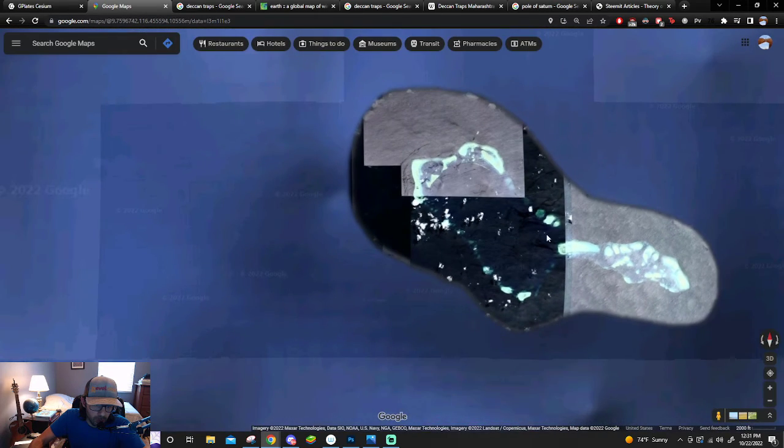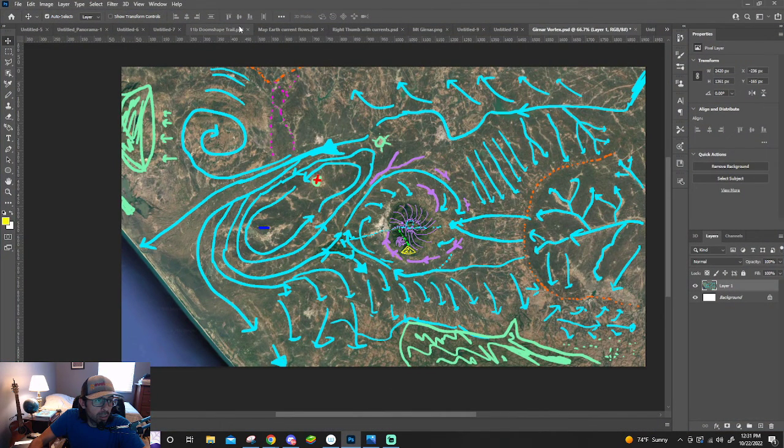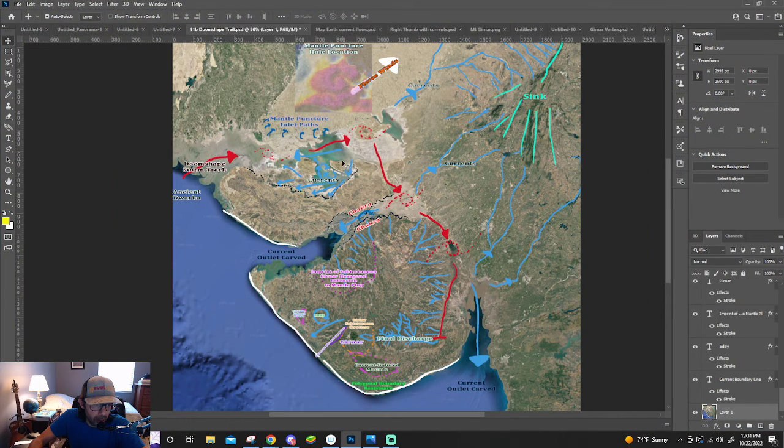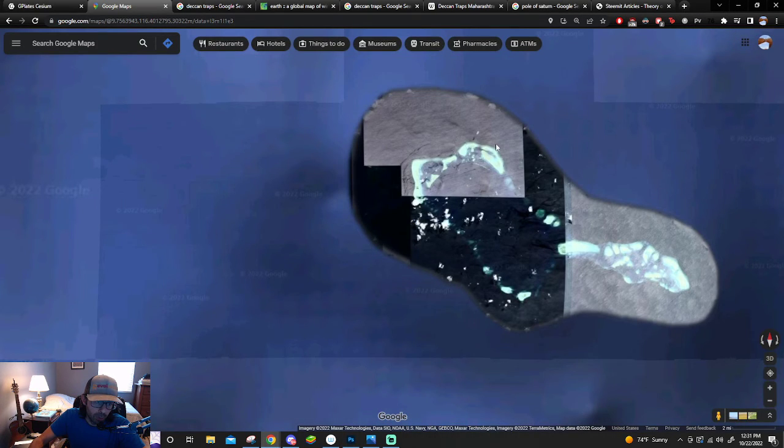This is one that's just broken up, like the portion up here, these polygons that got broken apart by the current and just the dome shape, this vortex, which is what it was called, coming through it.